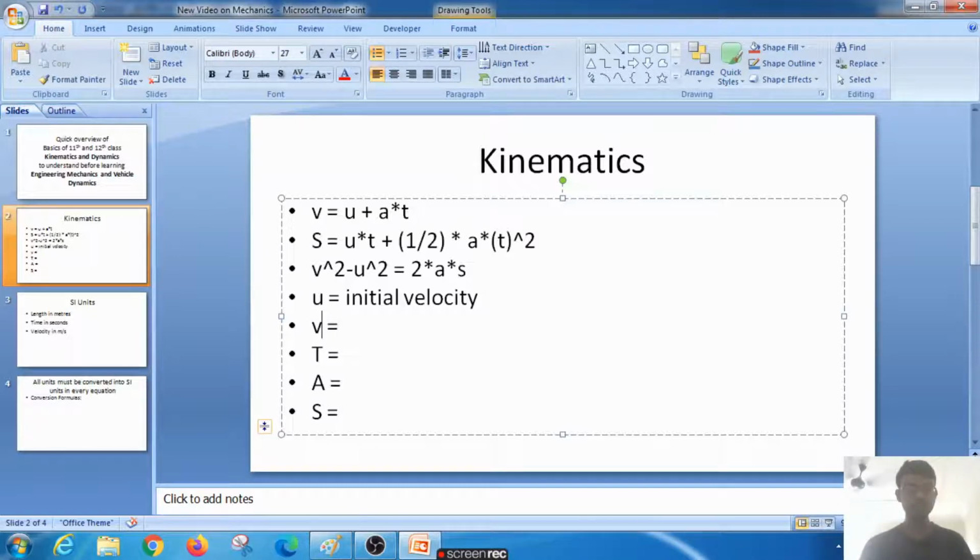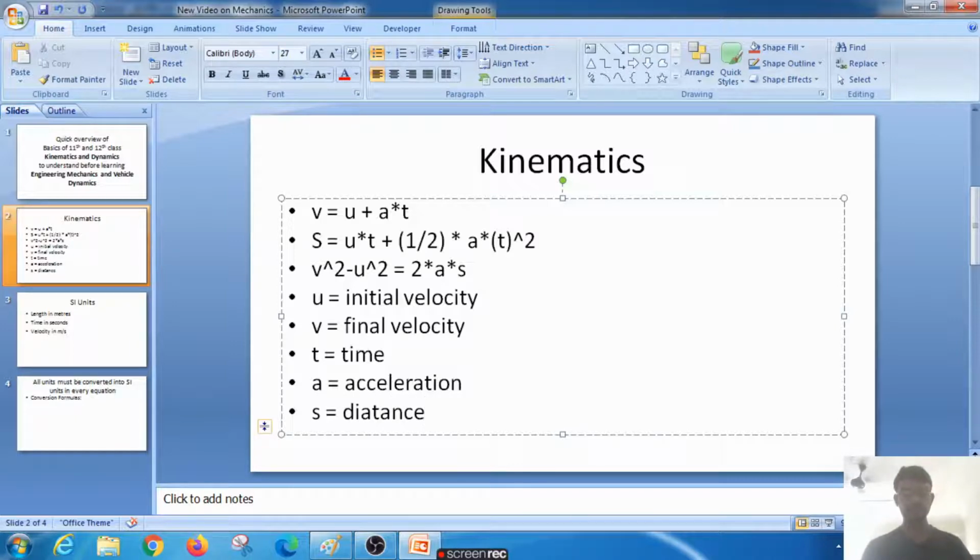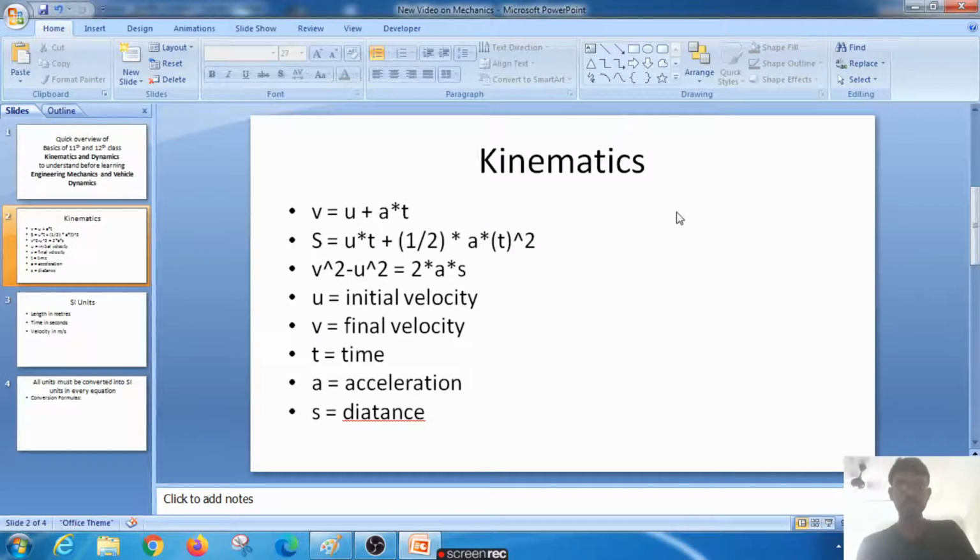If you are trying to follow any standard textbook, you will find these values. v is the final velocity, t is the time, a is the acceleration, and s is the distance traveled by the body or the particle, right? So all these values you have to remember, otherwise it is not very clear when you try to learn the advanced subjects, right?